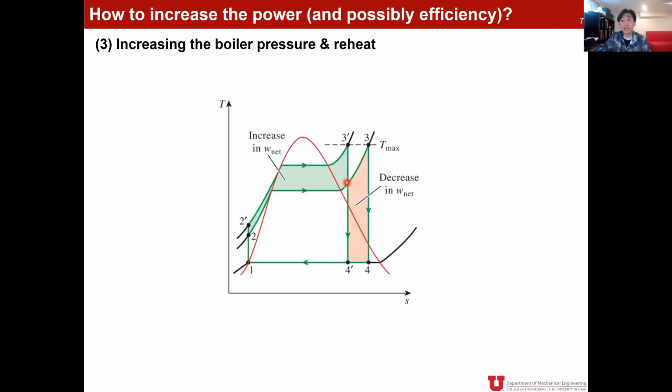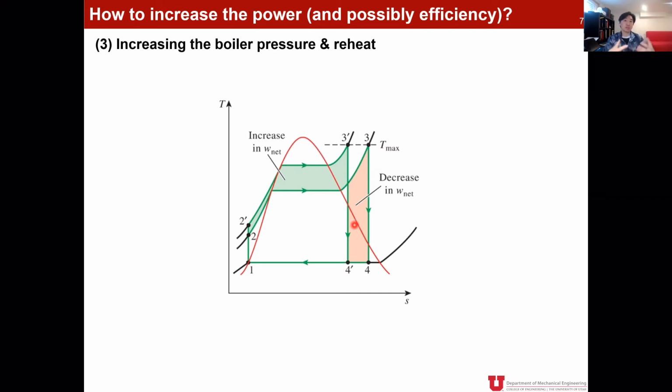By reheating the steam back to 3, then letting that steam go through a secondary turbine to make the 3 to 4 expansion process, we have an entire increase of the area, including the green shaded and orange shaded areas. That is why you have to think about reheating and secondary or multi-stage turbine systems even for the Rankine cycle.